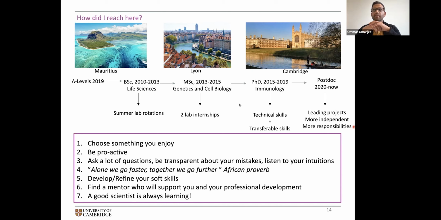In the lab that I've been in, our main focus was to push the boundaries of science, to discover new ways our immune cells work. If I concentrate on my PhD, and then afterwards I will talk about the postdoc, our main focus was to better understand autoimmune diseases in children and what the causes of that were.